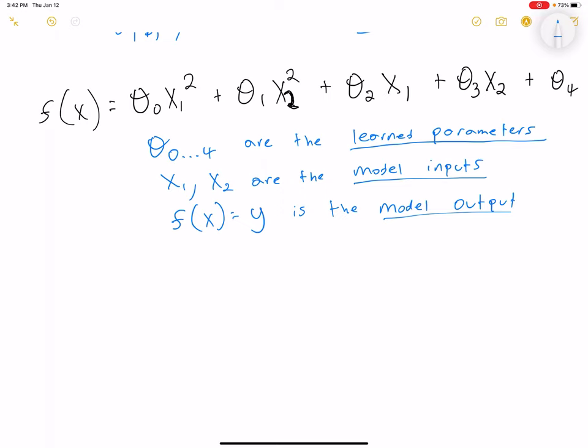But usually you would give it the option to say you can have theta 0 times x to the 5th plus theta 4 times x to the 4th, dot, dot, dot, for each of the variables, and it might set theta 0 and 1 to 0 so that you ignore the x to the 5th, ignore the x to the 4th for some variables, is usually how that would work. Okay.